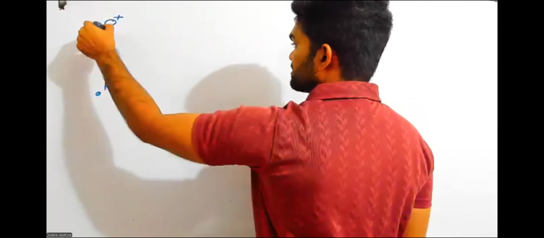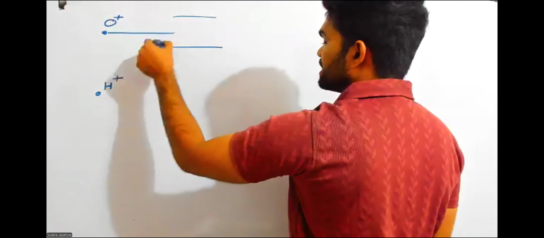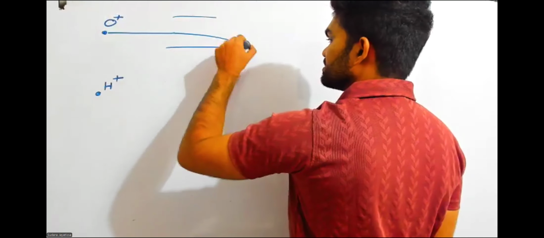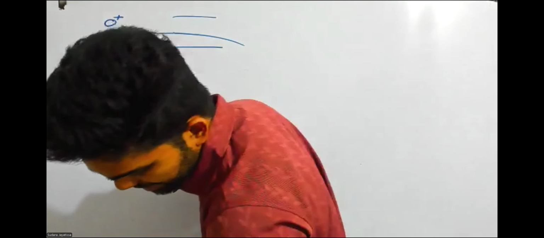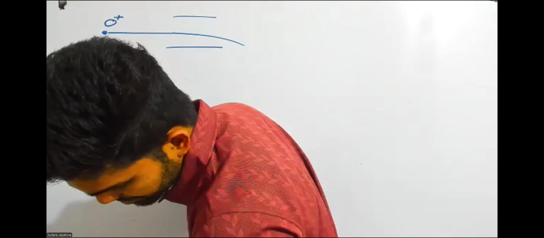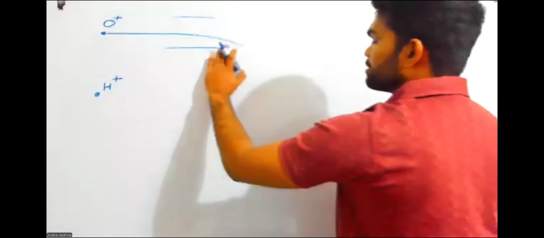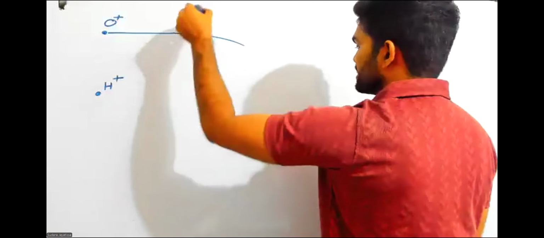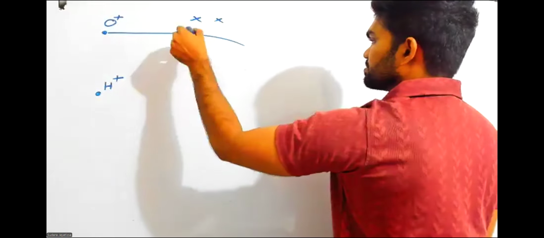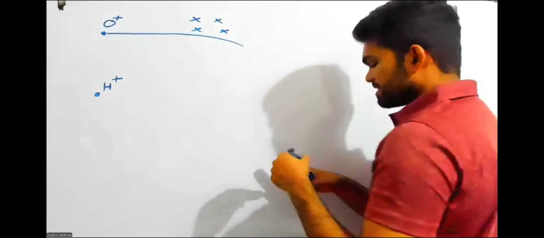So when this is coming, if you apply a magnetic field, this will bend, or in an electric field. Let's say the magnetic field lines are into the plane.